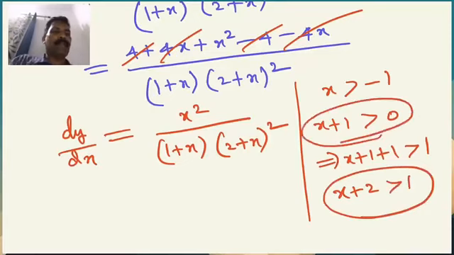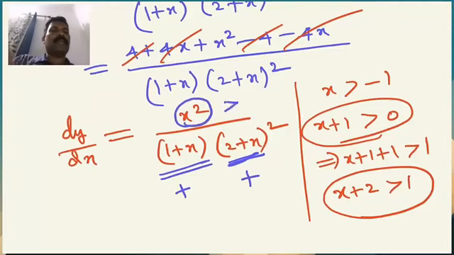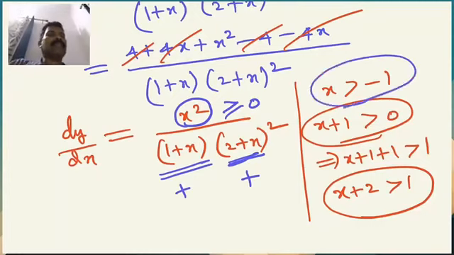We have two pieces of information here. x plus 1 is positive, so this term will be positive, and x plus 2 is a number greater than 1, so the square of it is positive. And here x square will be greater than or equal to 0. The minimum value of a square number can be 0, and x is greater than negative 1 only, so x can be 0, so x square can be 0 in that way.